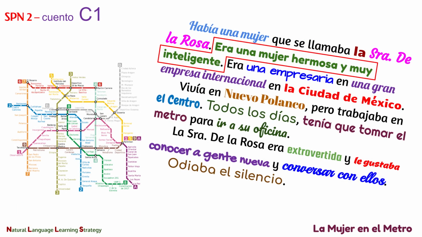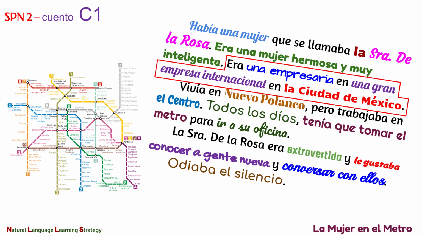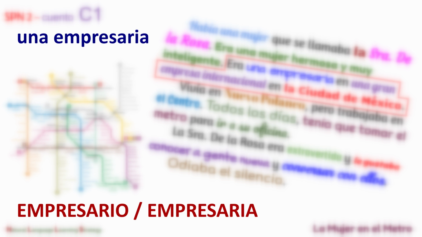We continue the story with Era una empresaria en una gran empresa en la Ciudad de México. Una empresaria is a businesswoman or entrepreneur. Empresario, or the feminine empresaria, come from the word empresa, which is a business.